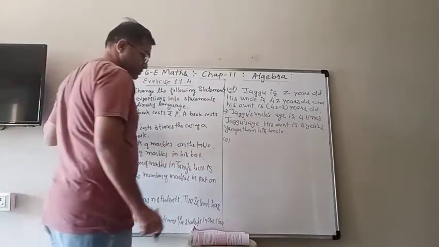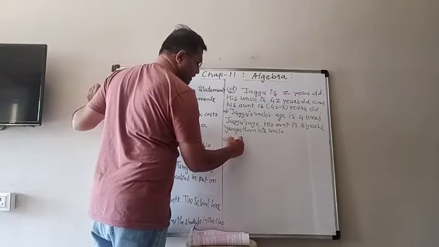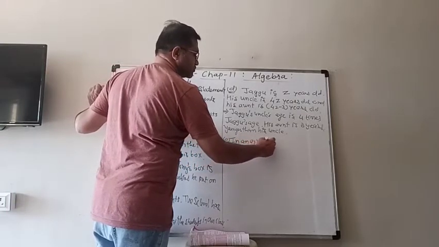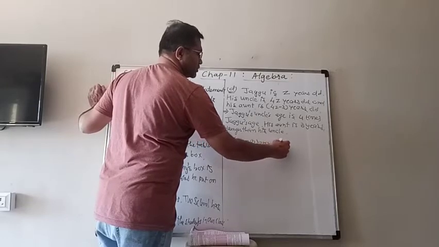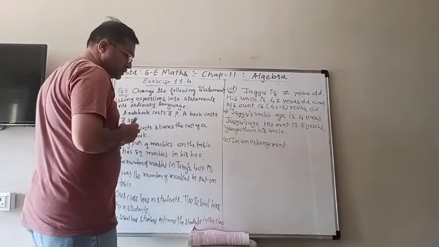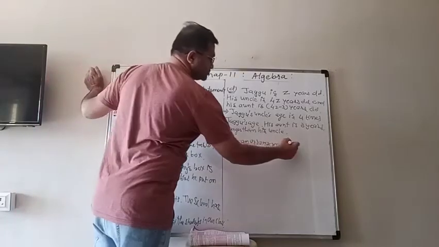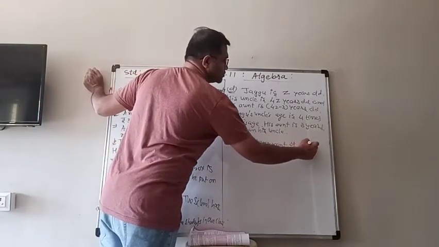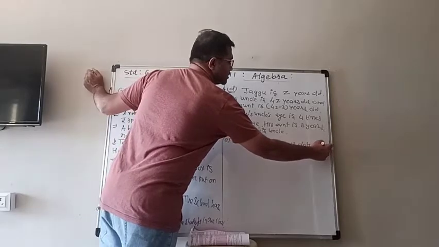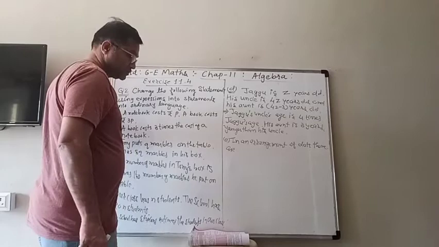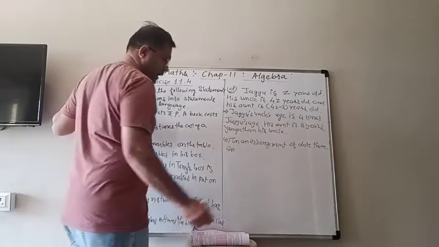The last one: in an arrangement of dots there are R rows.